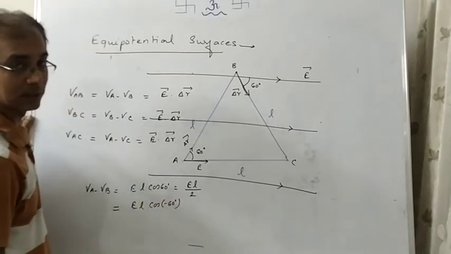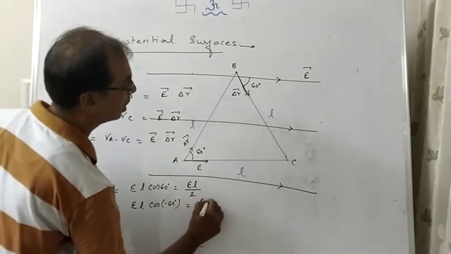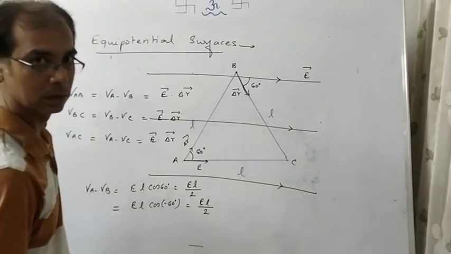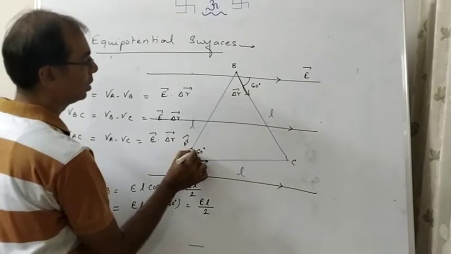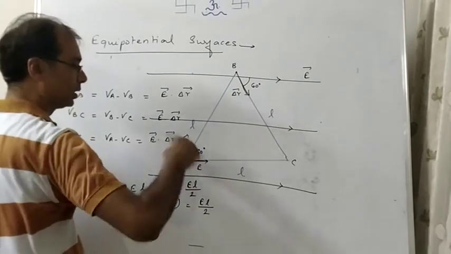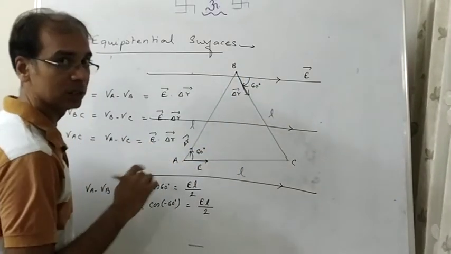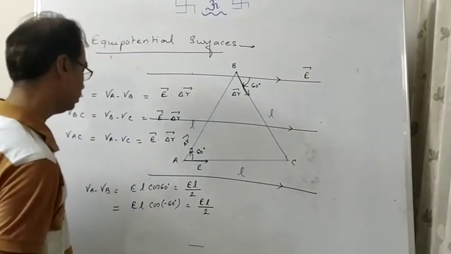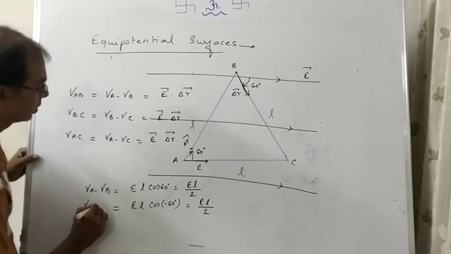But cos of minus theta is a positive value. So what will come again? EL by 2. Is that clear? Why have I taken minus? Because normally the orientation of the angle we take is anti-clockwise. But this is clockwise here. The orientation is different. That's why I have taken this minus. Fine. This was VB minus VC.